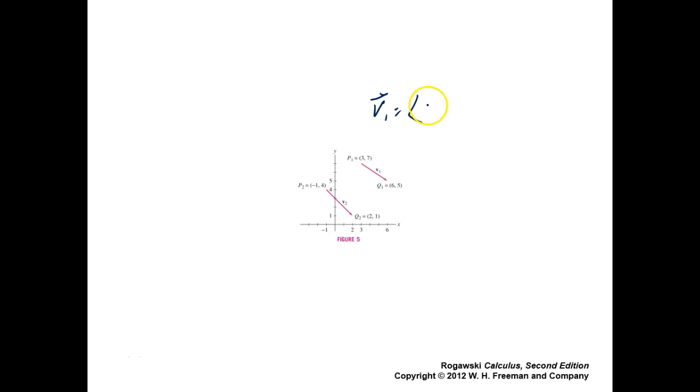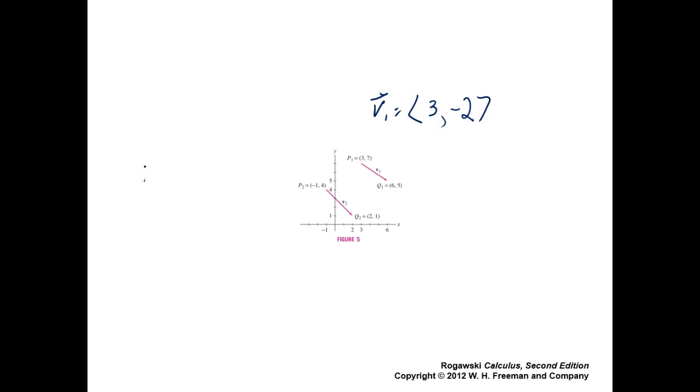Your horizontal or x component would be, yeah, and you always do the Q minus the P. The components: 6 minus 3 would be 3, comma, -2. So there are your components of vector V1.